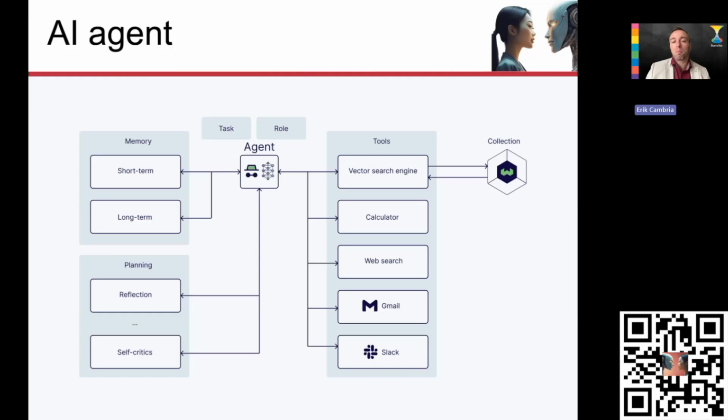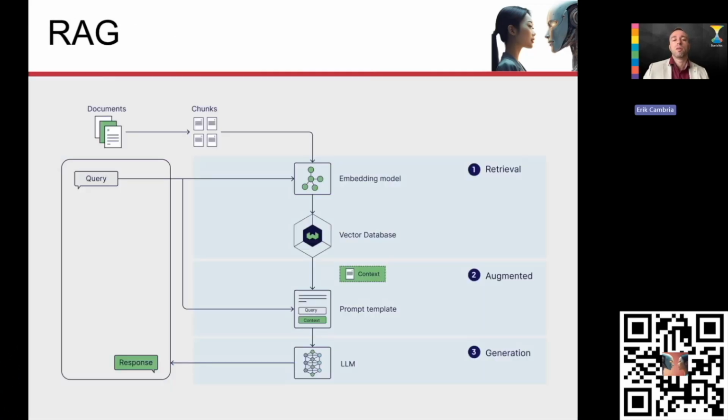So in this example here, I have access to a vector search engine, one of those vector databases that we were talking about earlier. I have a calculator. I can even access a web search in real time. Maybe I have access to my email and my code and whatever else is needed to carry out the task.